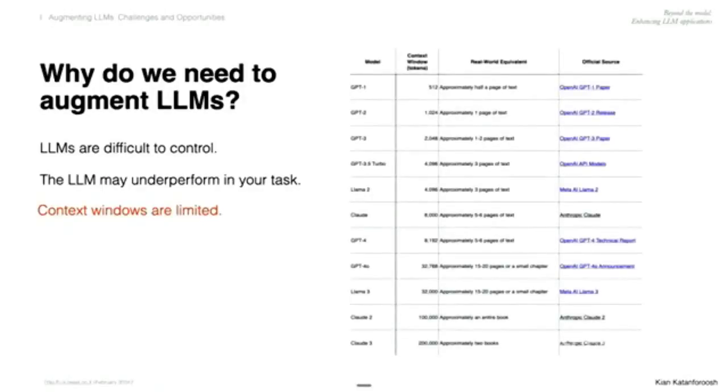The other aspect around context windows is that they are in fact limited. If you look at the context windows of the models from the last 5 years, even the best models today will range, in the number of tokens they can take as input, somewhere in the hundreds of thousands of tokens max. Just to give you a sense, 200,000 tokens is roughly 2 books.